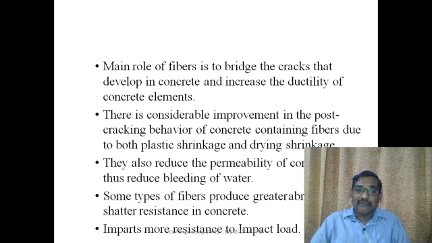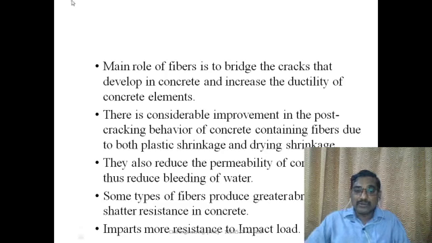The main role of fibers is to bridge the cracks that develop in concrete and increase the ductility of the concrete. There is a considerable improvement in the post-cracking behavior of concrete containing fibers due to both plastic shrinkage and drying shrinkage.